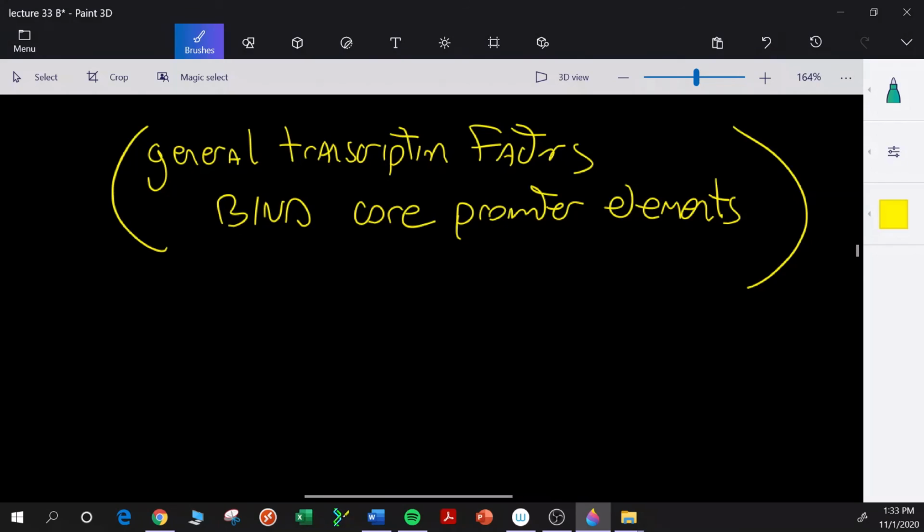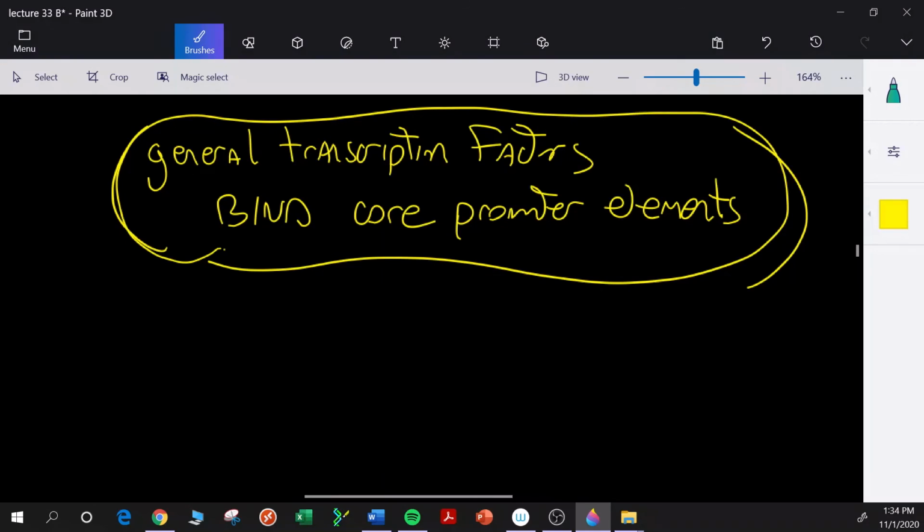So the types of core promoter elements, the number of core promoter elements, and the identity of the sequence of the core promoter element relative to the consensus for that element, these all influence how the general transcription factors bind to those promoters.